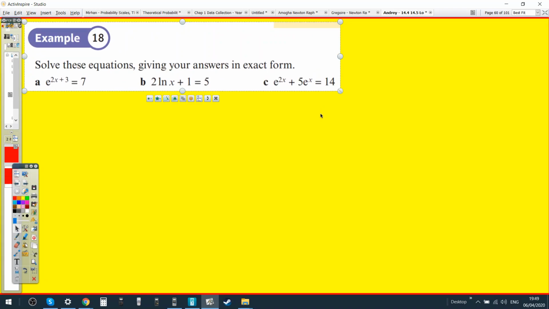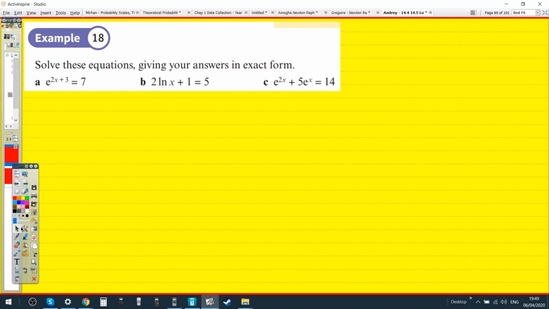Make it so it's log e on both sides. Log e. So yeah, and I would just call it ln. Okay.